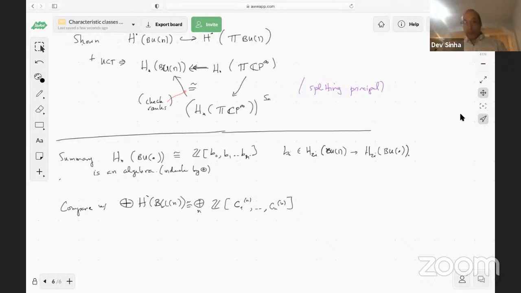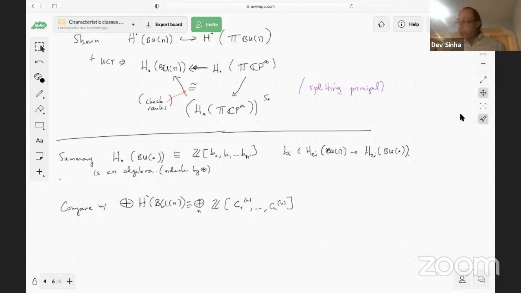Whereas for cohomology, we've got a bunch of different rings which don't fit together per se, but if we think about it for a moment, in the case of homology, we have this product from direct sum.